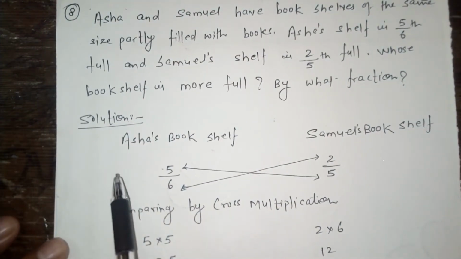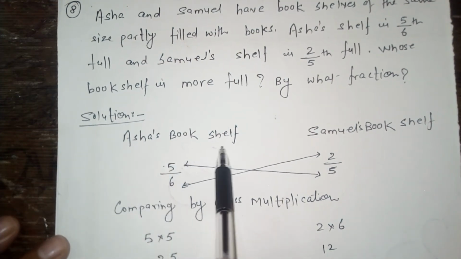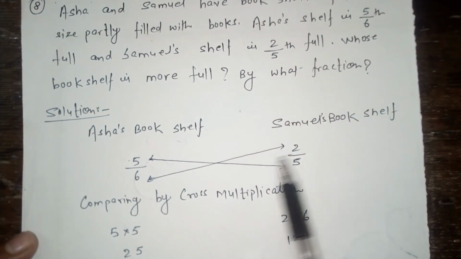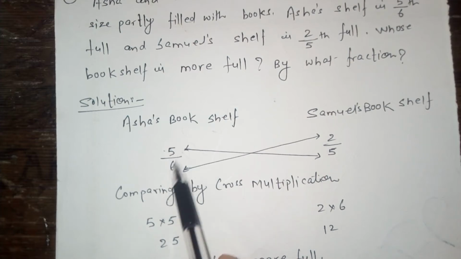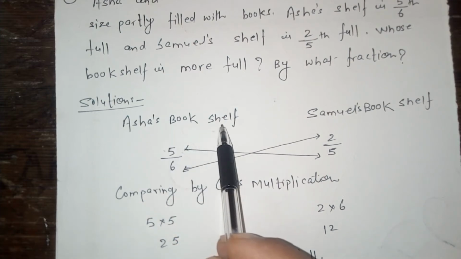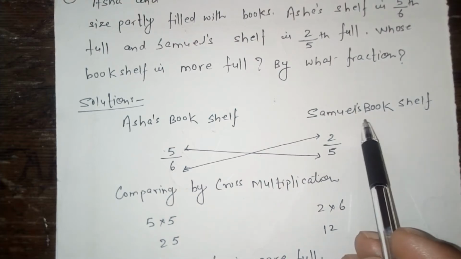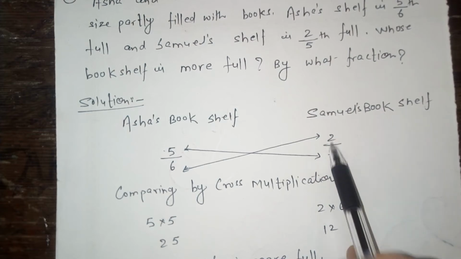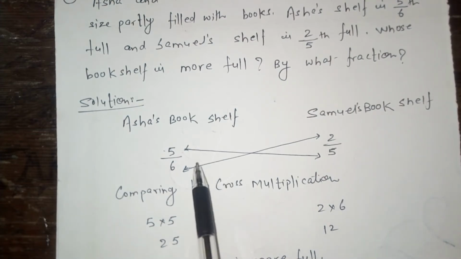Now look here, your solution is, suppose this is Asa's bookshelf and this is Samuel's bookshelf. Asa's bookshelf is 5 upon 6th full and Samuel's bookshelf is 2 upon 5th full. So what will you do?